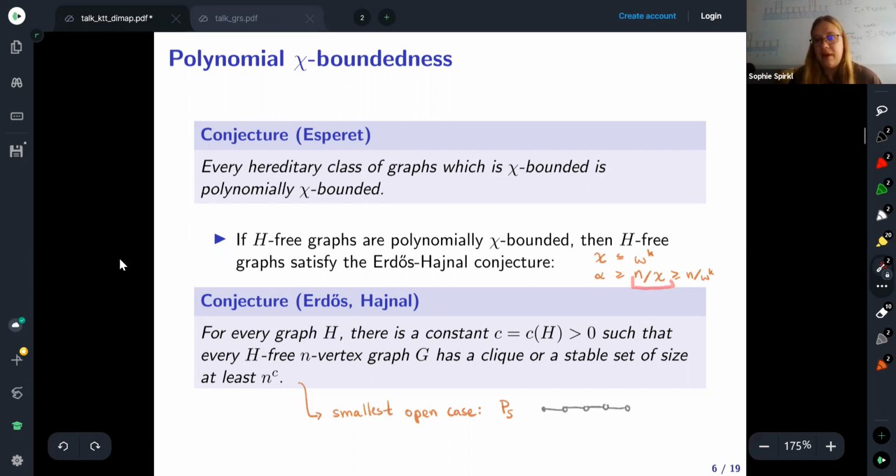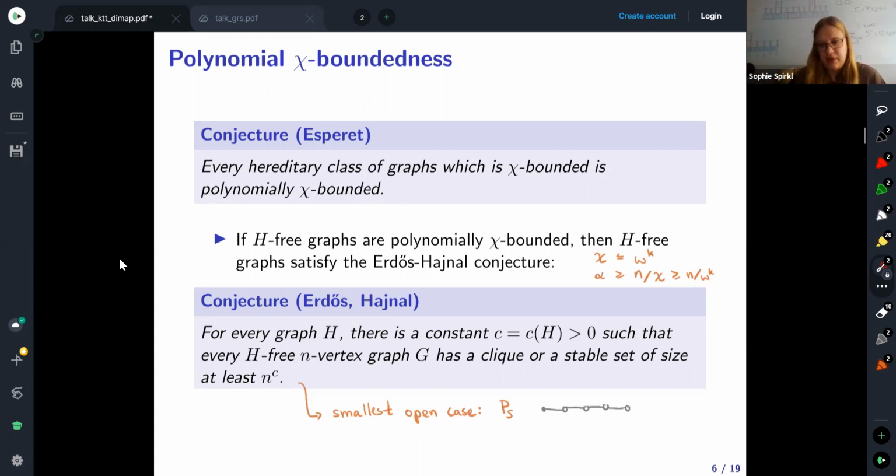That's just true in all graphs, which here, if we know polynomial chi-boundedness, is at least this. And then you can tell that alpha times omega to the k is at least n. So by doing a geometric mean, you can tell that alpha or omega is at least n to the 1 over k plus 1. Right, so very easily, polynomial chi-boundedness implies the Erdős–Hajnal conjecture.